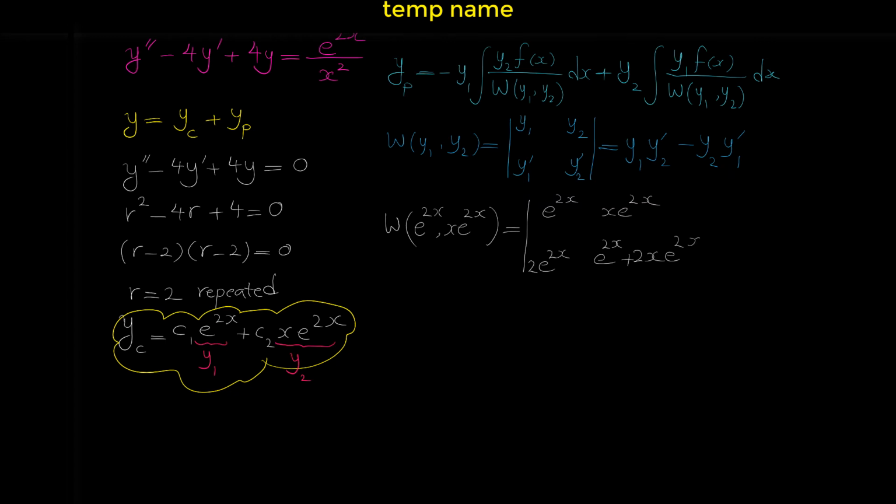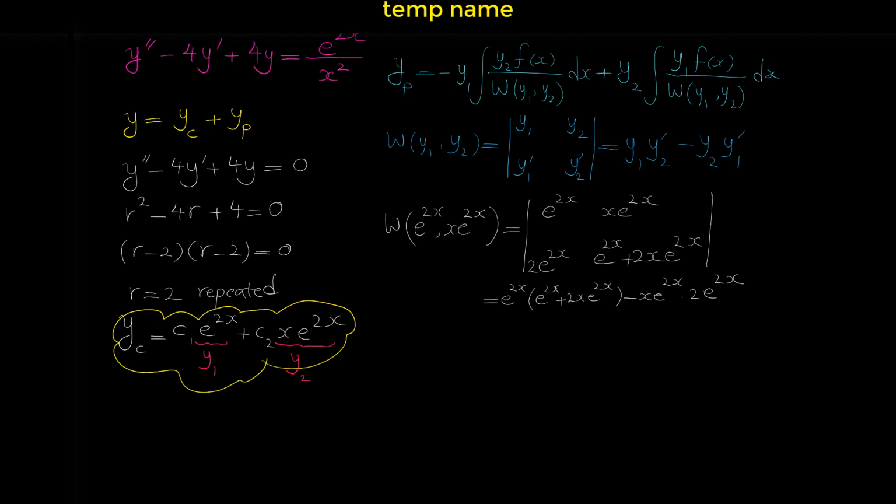And this equals, multiply this by this, e to the 2x times e to the 2x plus 2x e to the 2x, minus, multiply these two, x e to the 2x times 2e to the 2x.